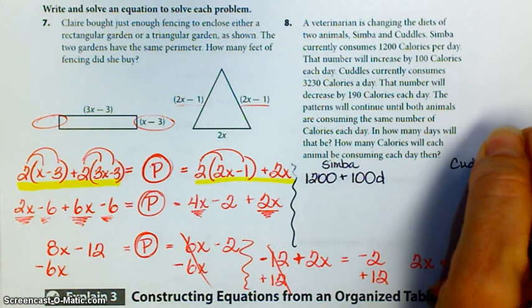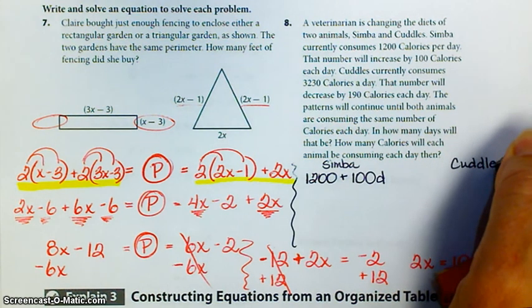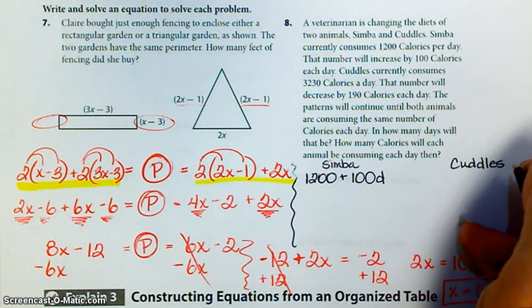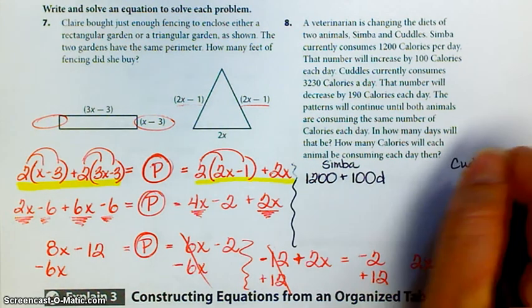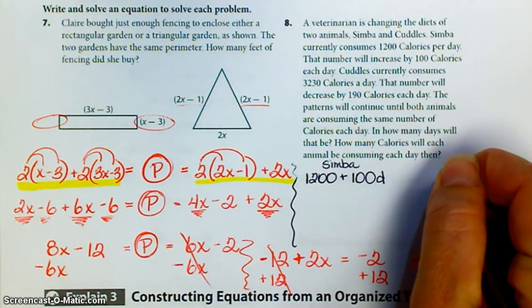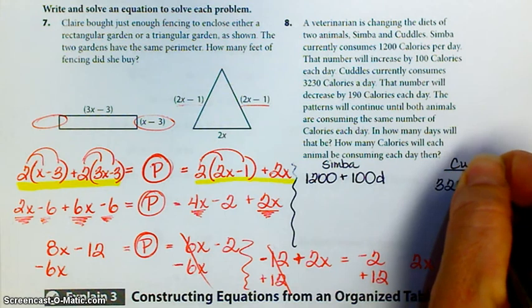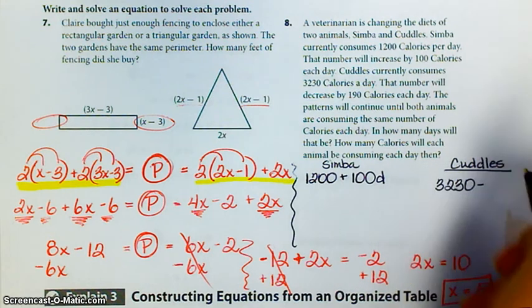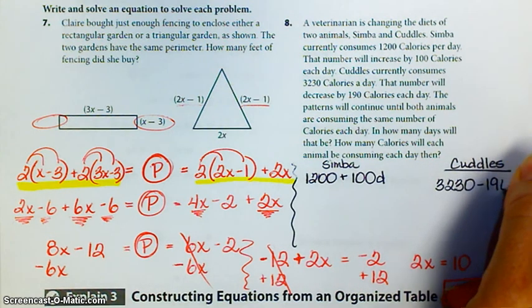Cuddles is apparently kind of fat because Cuddles eats 3,230 calories a day, and they decided that they needed to decrease what Cuddles is eating. So Cuddles is going to be 3,230 minus 190 each day.